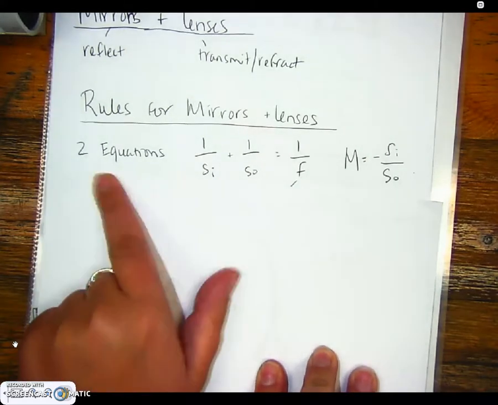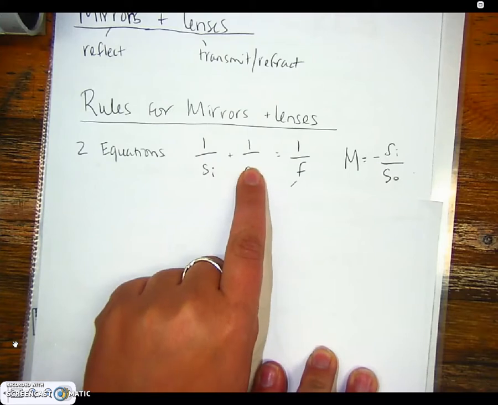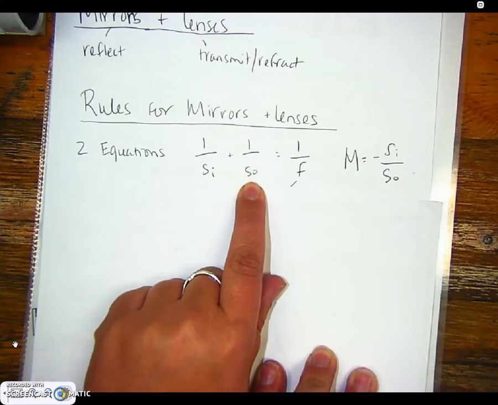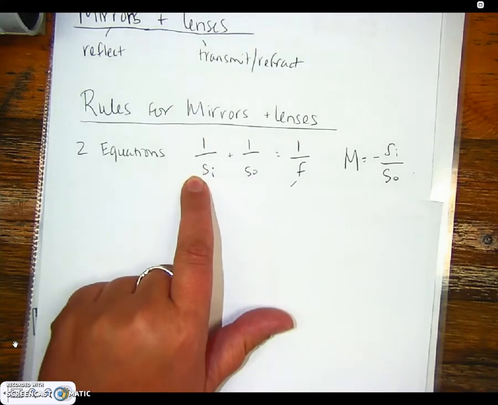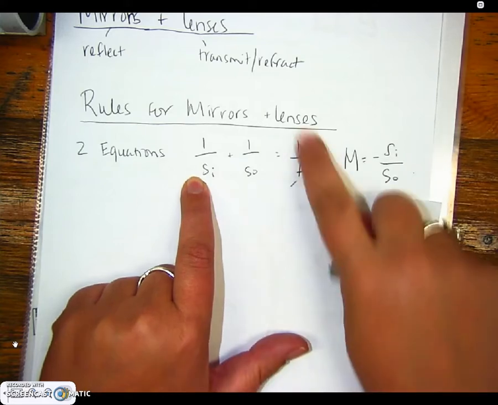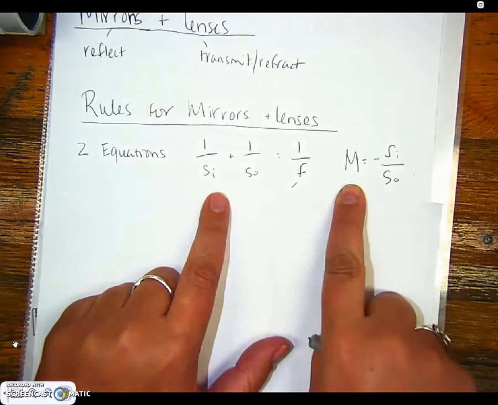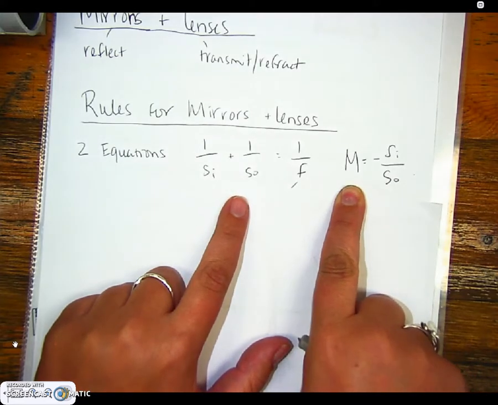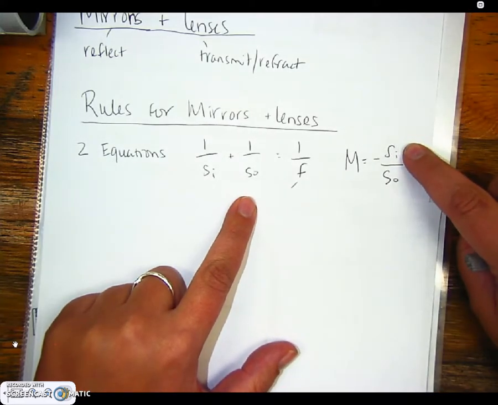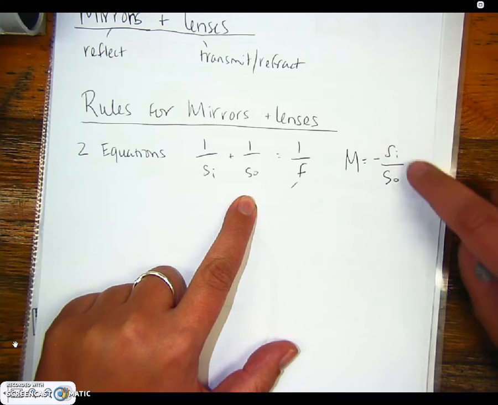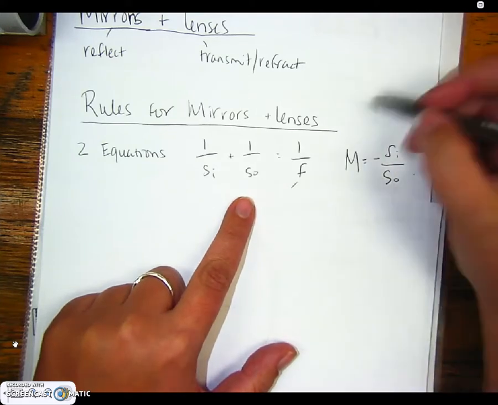So the first equation says 1 over the position of the object plus 1 over the position of the image that is created must be equal to 1 over f, which is the focal length. And the magnification of the image that is created must be equal to negative the image distance over object distance.